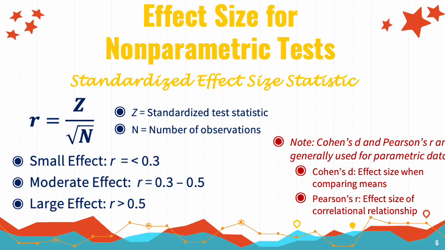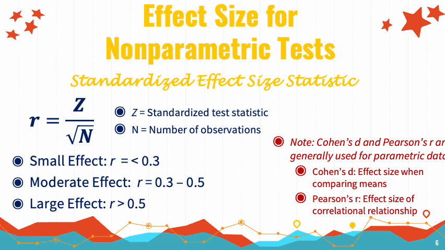However, both of these measures are generally used with parametric data, not with non-parametric data that do not meet the assumption of normal distribution. However, effect size is important to calculate with non-parametric data.